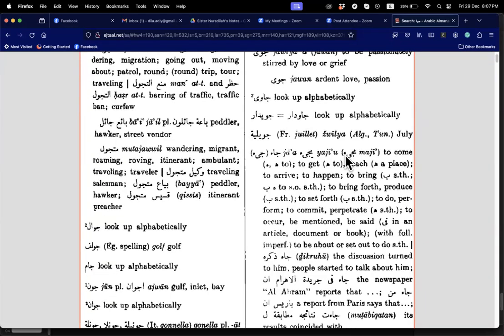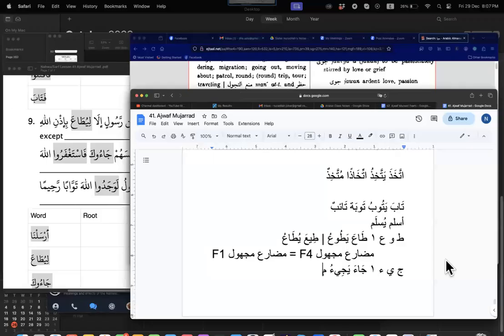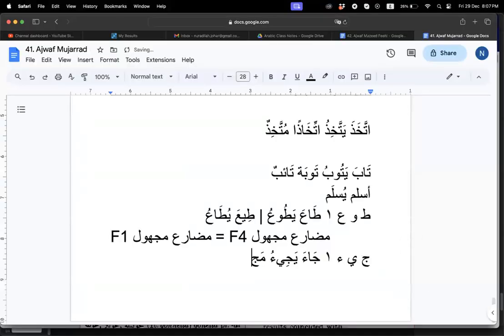Yes, maji'un. And then fahuwa fa'il: fahuwa ja'in. This is family one.